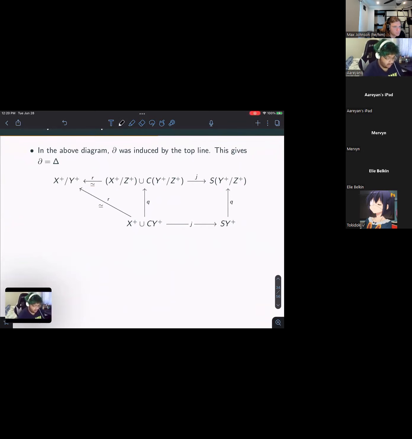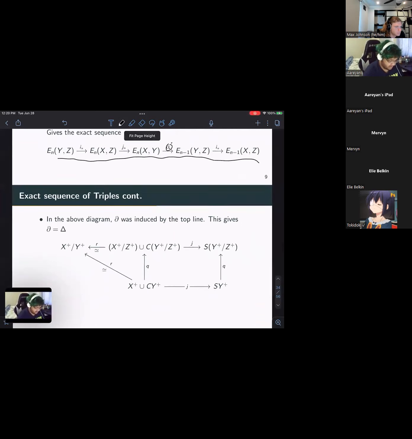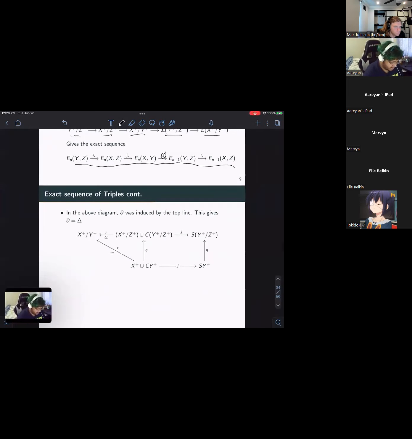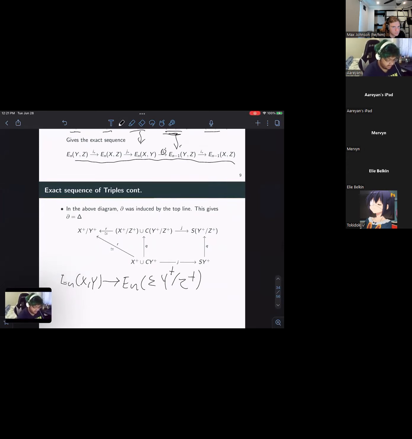So if we recall what this del came from, it's like, decrease the page size a bit. So it's E_n of X/Y mapped to the suspension of this thing, because if we directly apply it, that's what happens.